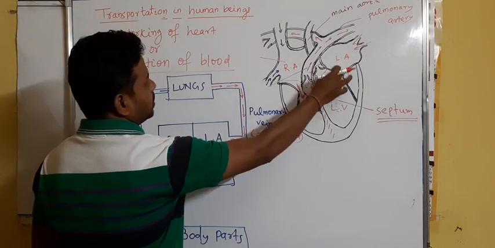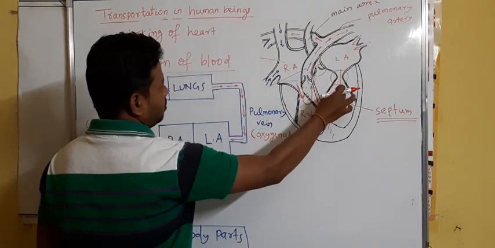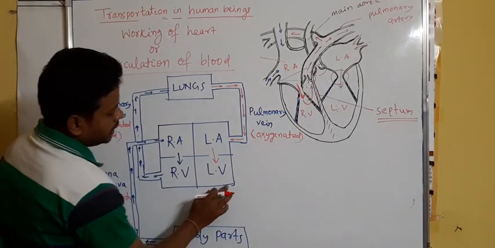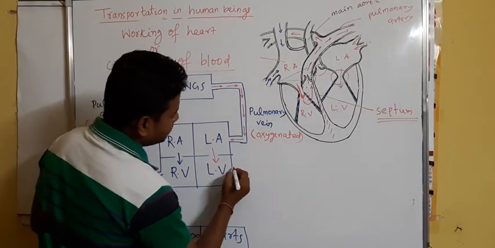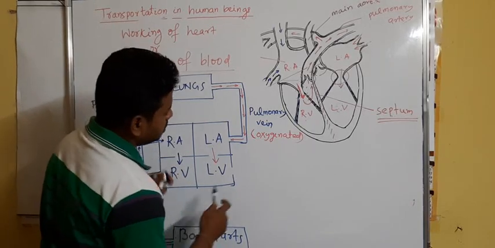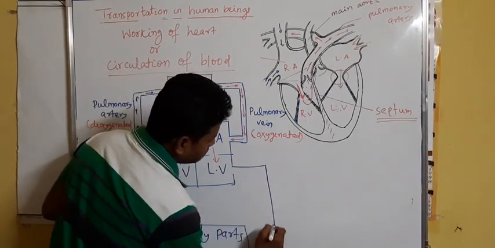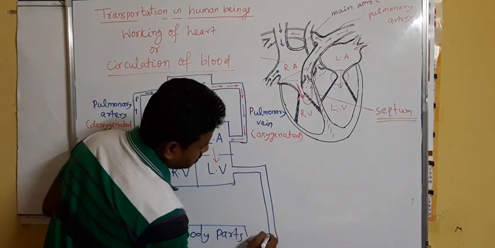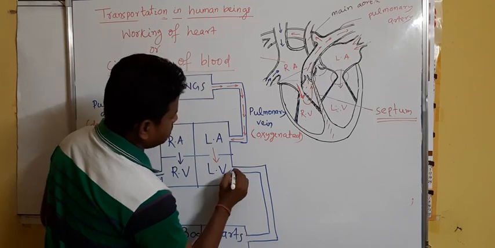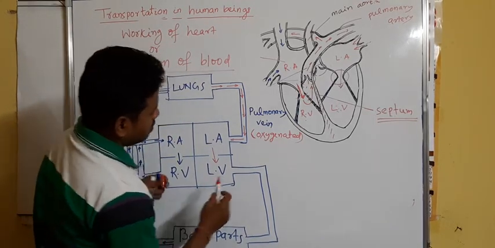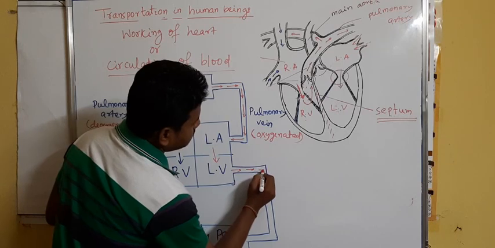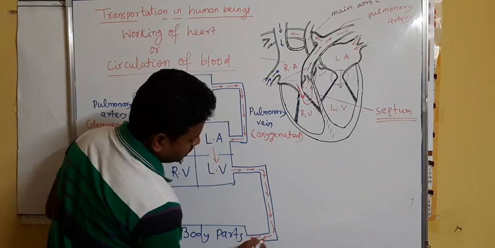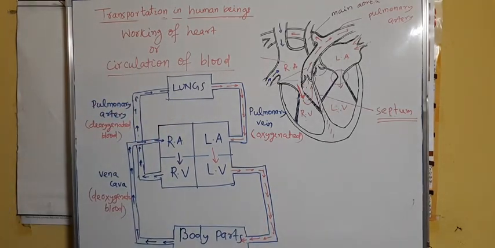So through this valve, the oxygenated blood will move from left auricle to left ventricle, and then from left ventricle the blood is then sent to each and every part of the body.